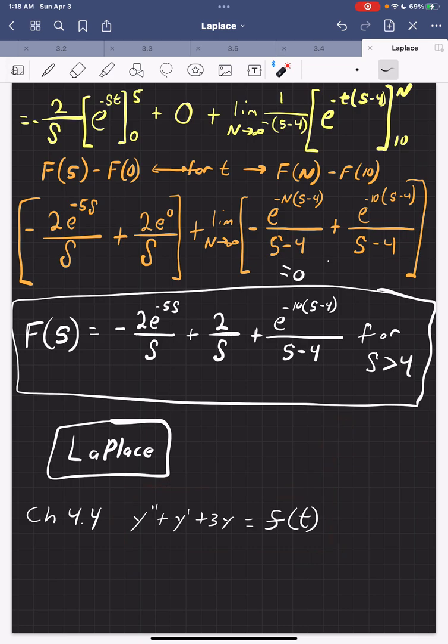But for a lot of the problems that we did, if I went back to 4.4 and I taught you this technique, and then I taught you the method of undetermined coefficients, and then said you get to pick which one you want, I guarantee every single one of you would have gone with this technique, because the Laplace transform is a lot faster and it's more of an algebraic approach.